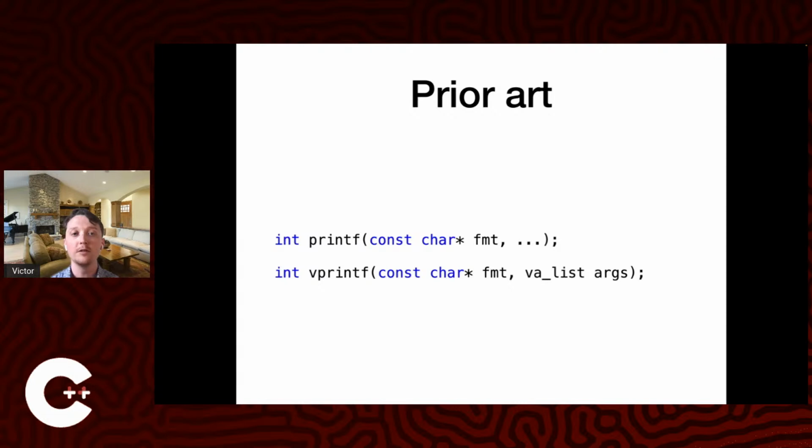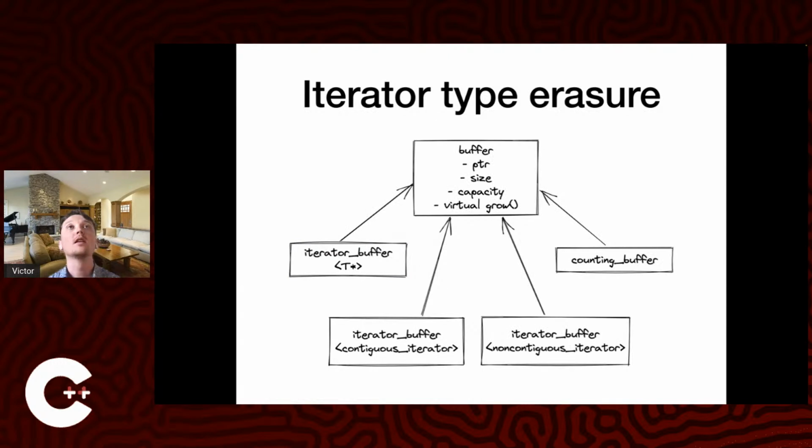The efficiency comes from the fact that you can access every argument by its position, by its index, in O(1). With varargs, you need to do a full scan or build the array in advance, which is why positional arguments are much slower in printf. So this was one part of type erasure. Another part is iterator type erasure in functions like format_to.